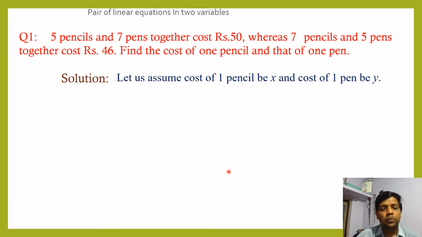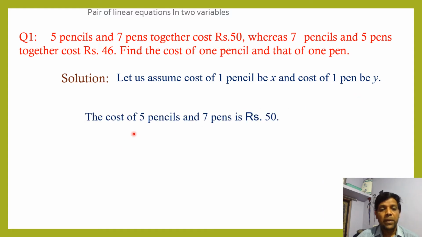Let us assume the cost of one pencil is x rupees and the cost of one pen is y rupees, because the cost of one pencil and the cost of one pen are the two unknown values. The cost of 5 pencils and 7 pens is 50 rupees.